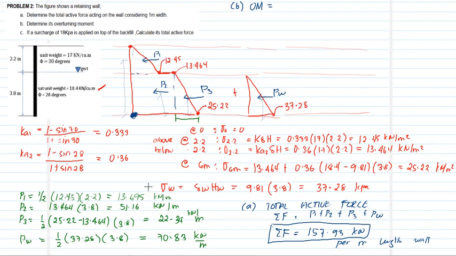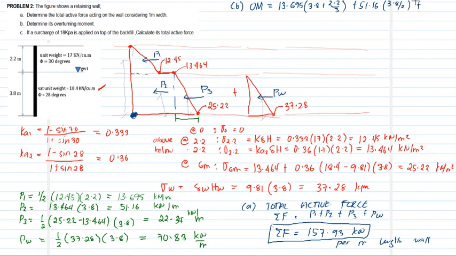So, P1 is equal to 13.695 multiplied by the length, that is 3.8 mula dito, tapos plus nung 1/3 nung 2.2. So, 3.8 plus 2.2 over 3, that is 1/3. Okay? Plus, yung P2 natin, that is equal to 51.16 multiplied by the distance doon sa centroid natin, that is 3.8 over 2, di ba?